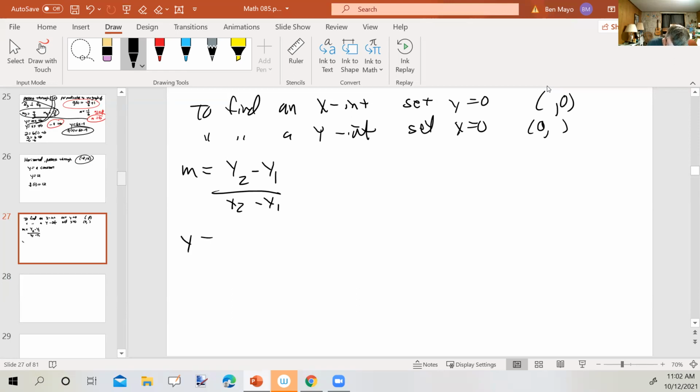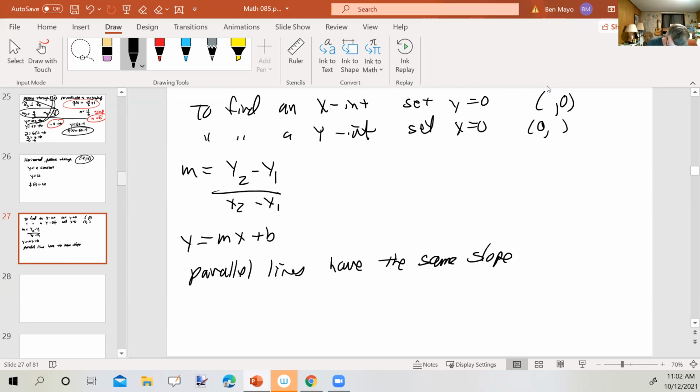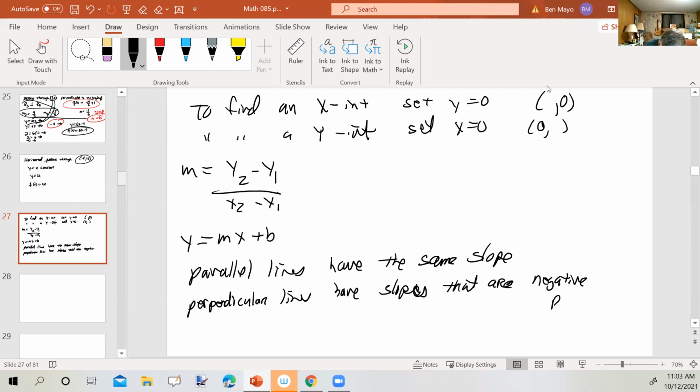We've got slope-intercept form, y equals mx plus b. Parallel lines have the same slope. Perpendicular lines have slopes that are negative reciprocals.